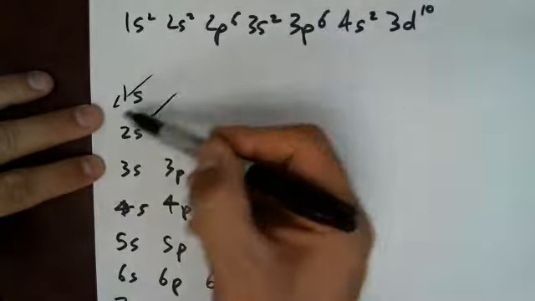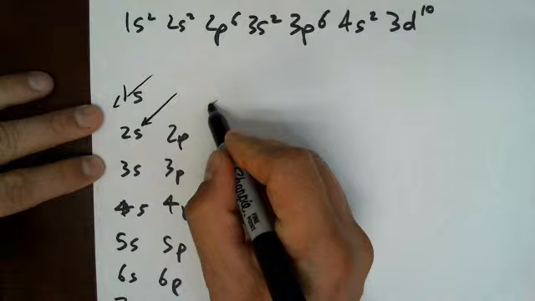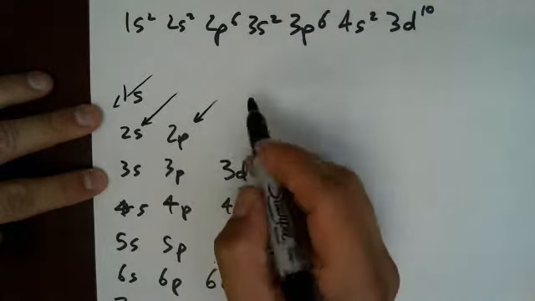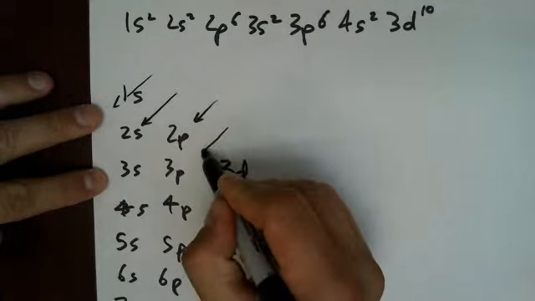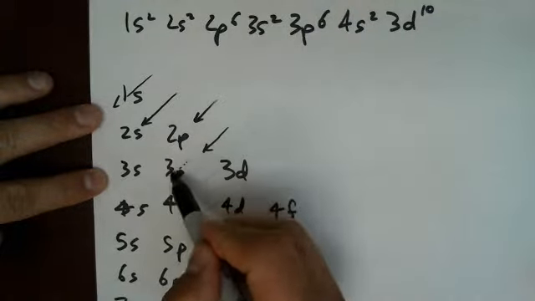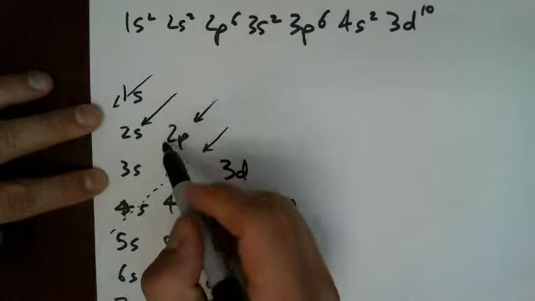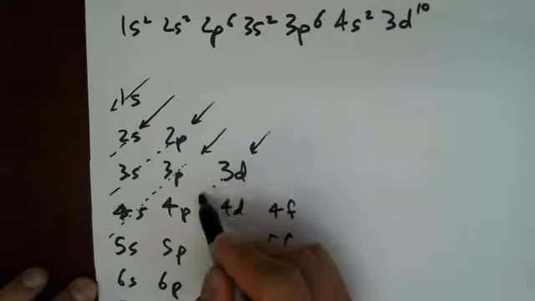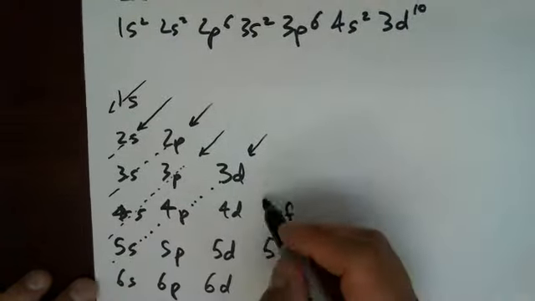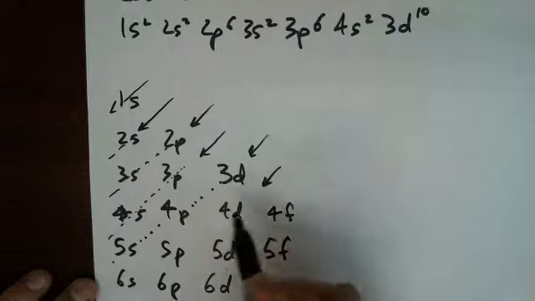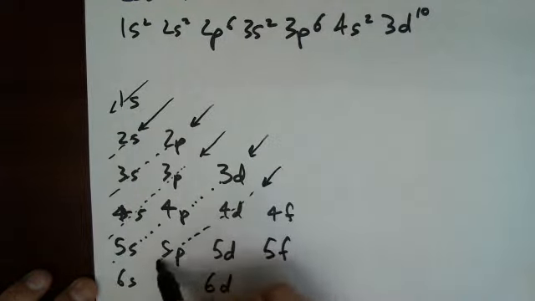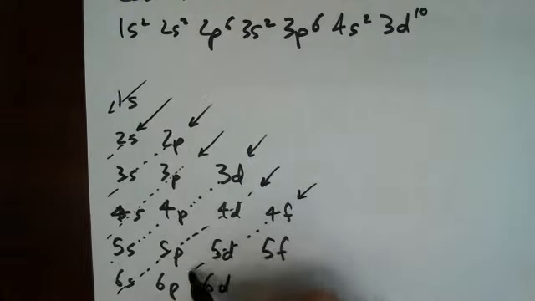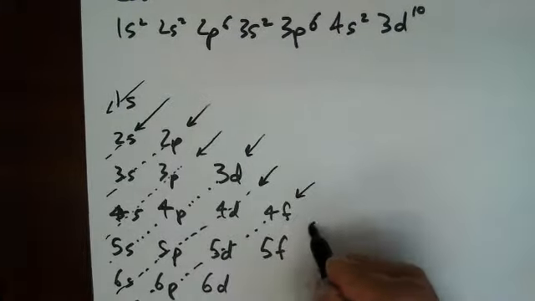We go 1s first, then 2s, and then 2p, 3s, and then we go down to the 3p, then 4s, and then the 3d, 4p, 5s, and then the 4d's, the 5p's, and the 6s, and then we go through this way.